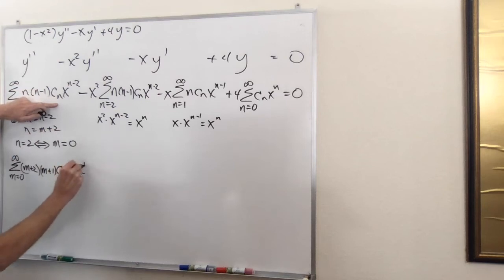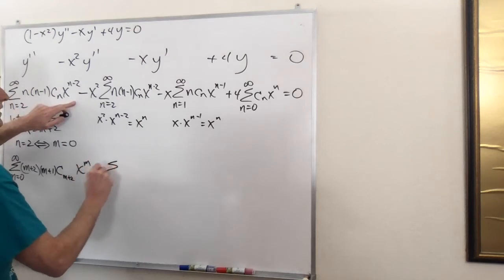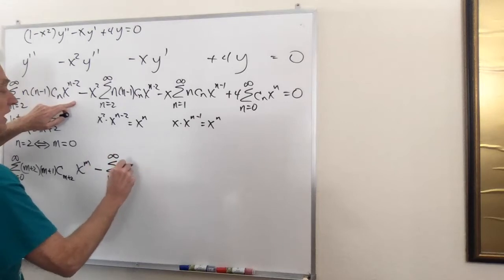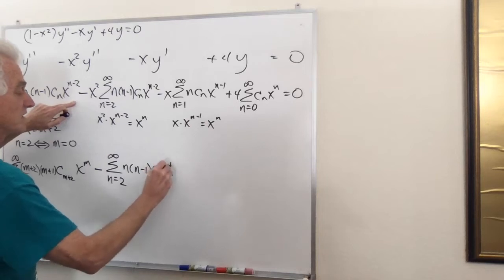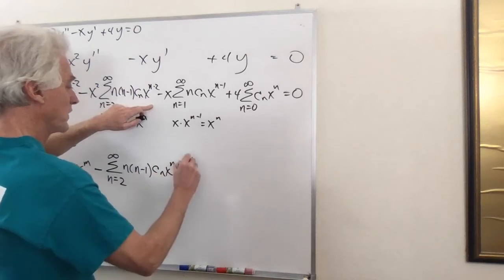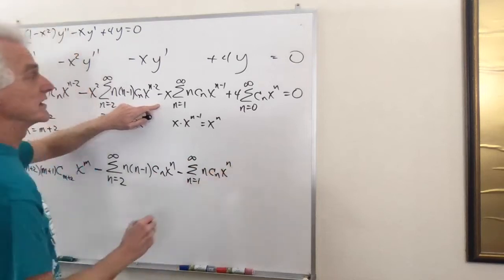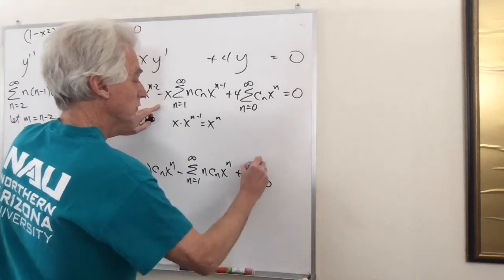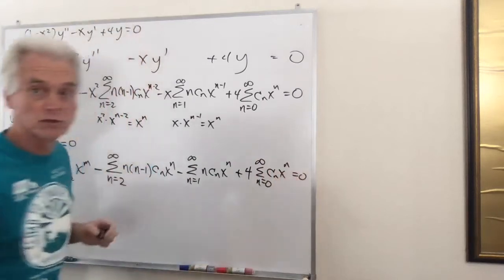And then here's the payoff. This is x to the m. And then I have minus the sum from n equals 2 to infinity, n times n minus 1 times c sub n x to the n, minus the sum from n equals 1 to infinity, n times c sub n times x to the n, plus 4 times the sum from n equals 0 to infinity, c sub n x to the n, equals 0.